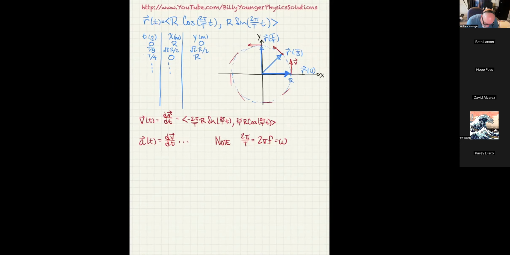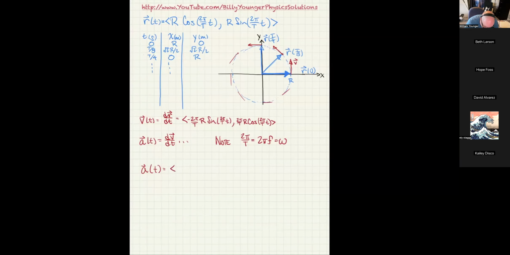So now I'm going to show you how to compute a of t. I'm going to go ahead and give you the answer of what a of t is, even though I'm not necessarily working it out. When I take the derivative of negative 2 pi over t times r sine, obviously the derivative of sine is going to be cosine. So we're going to get back to where we started and it's still going to be negative.